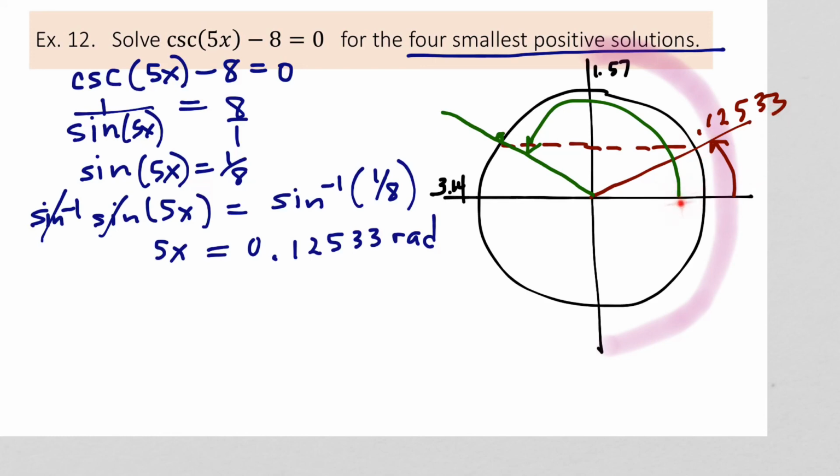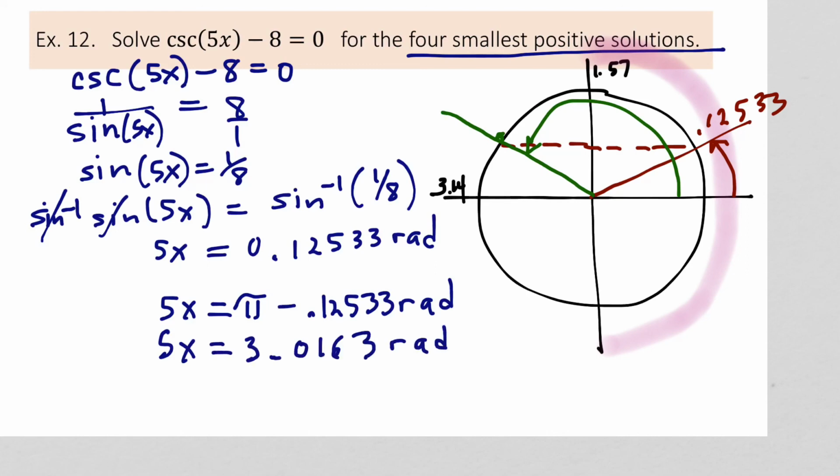So if I'm going from 0 to here, I'm going to figure that angle out by saying I've got pi radians minus this piece here. So I've also got 5x is equal to pi minus 0.12533 radians. And if you type that into the calculator, you should get 3.0163 radians. So that's this angle here, 3.0163 radians.